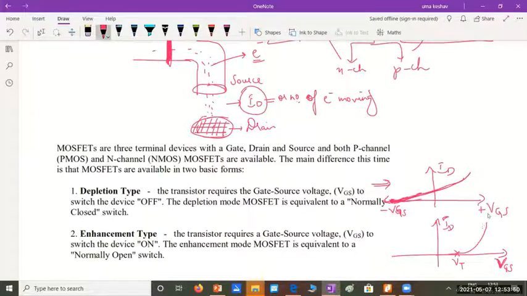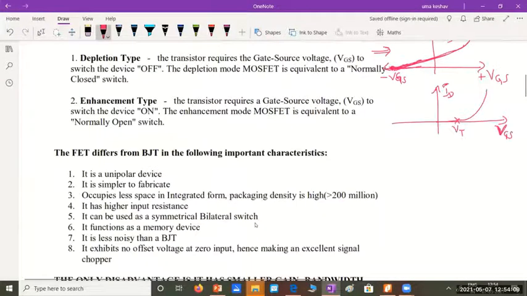After that, the current starts increasing exponentially, right? So please remember this: an enhancement MOSFET works only with positive gate source voltages for an N-channel MOSFET. And the depletion MOSFET works with both types of gate source voltage.